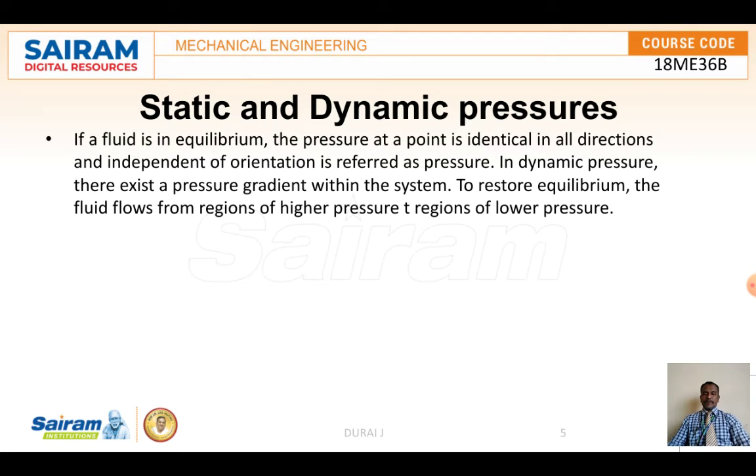In the dynamic pressure, there exists a pressure gradient within the system. To restore the equilibrium, the fluid flows from regions of higher pressure to regions of lower pressure. Okay, so this is about static and dynamic pressure.